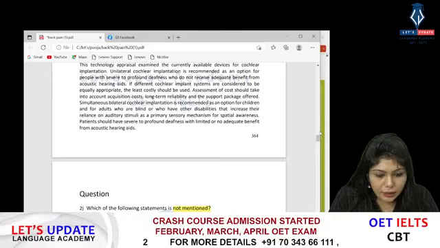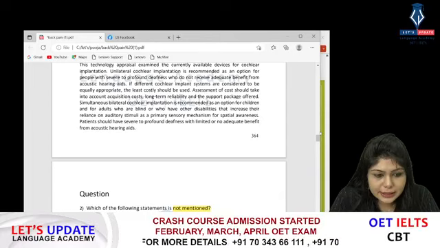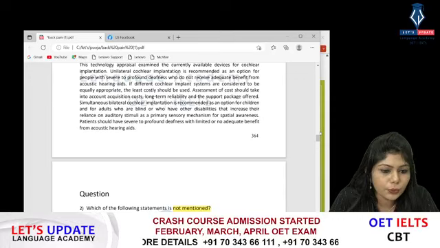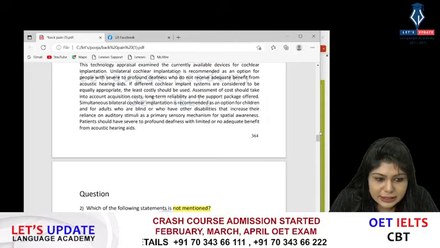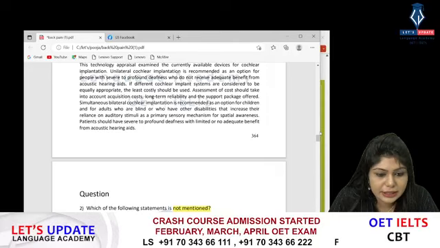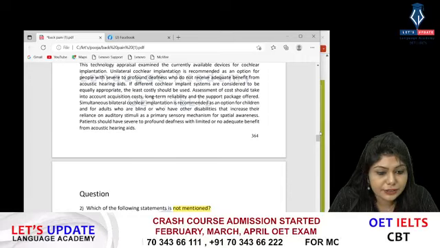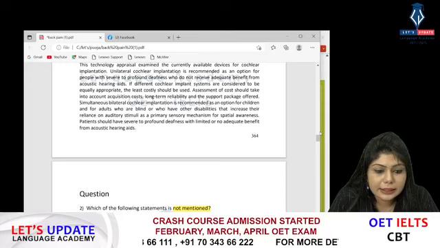Okay, so now let's read it together. This technology appraisal examines the currently available devices for cochlear implantation. Unilateral implantation is recommended as an option for people with severe to profound deafness who do not receive adequate benefit from acoustic hearing aids. If different cochlear implants are considered to be equally appropriate, the least costly should be used.